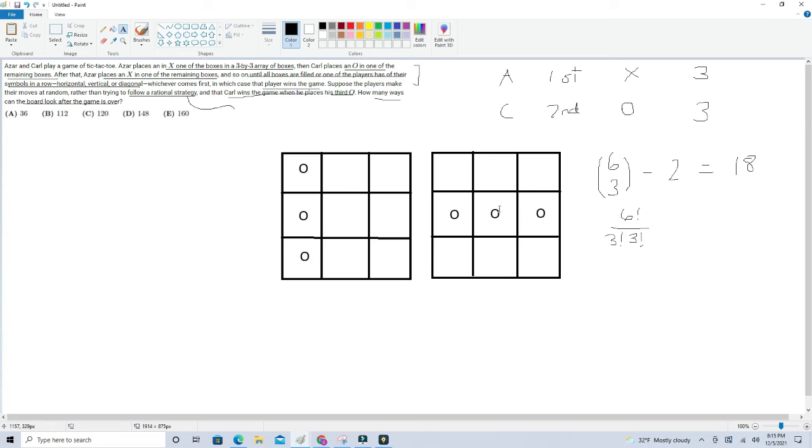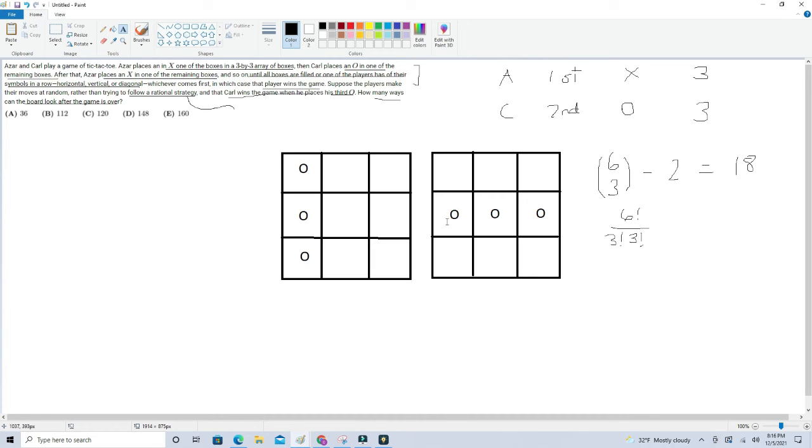So we see that this computation for our first case can be applied to a bunch of other cases. If we iterate through all possible cases, we can multiply this 18 by the number of other identical cases to these two. This configuration can be applied when Carl wins in any row or any column.